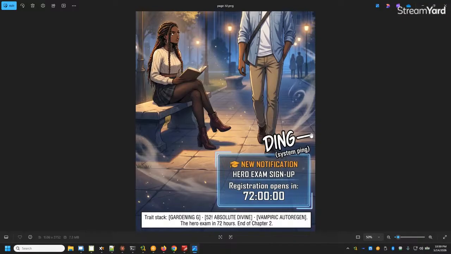Why is it an absolute divine and why is it not triple S? Because absolute divine means you have no cooldown, you have no limitations. It's about as broken as you can get. So 52 factorial could be applied to any traits. You do have to take the bad with the good.